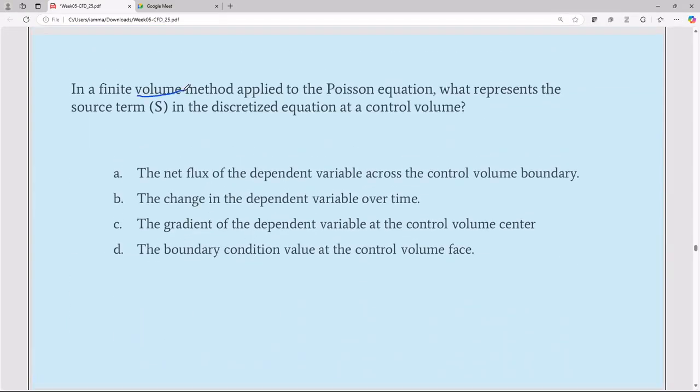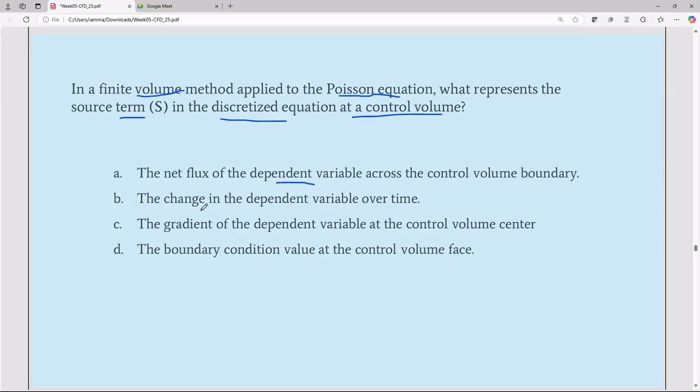In a finite volume method applied to a Poisson equation, what represents the source term S in the discretized equation at a control volume? This question is a continuation of the previous question. They ask what the source term actually represents in a Poisson equation. Option A, the net flux of dependent variables across the control volume boundary.